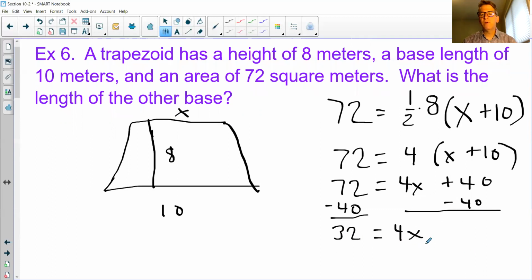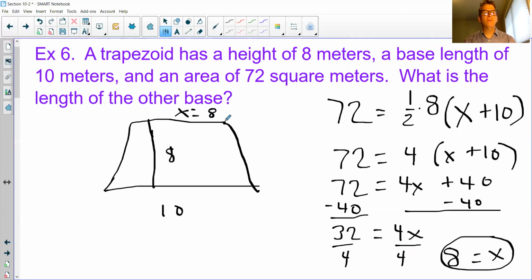Offsetting this multiplication by 4 with an inverse, dividing by 4, you get x is 8. So the other base is 8. That's Example 6, so be on the lookout for those types of problems today.